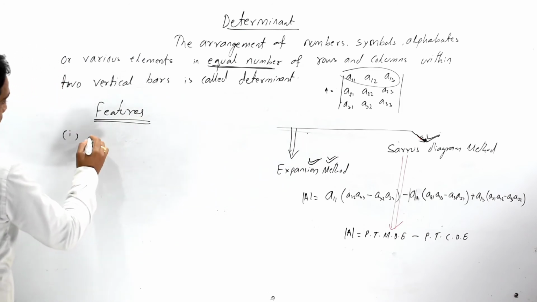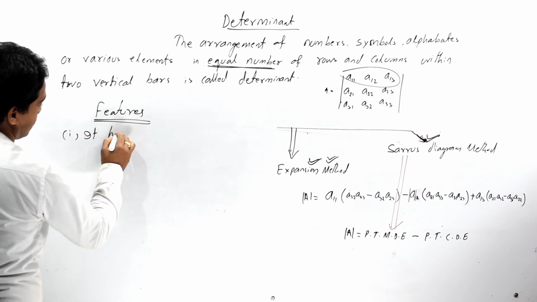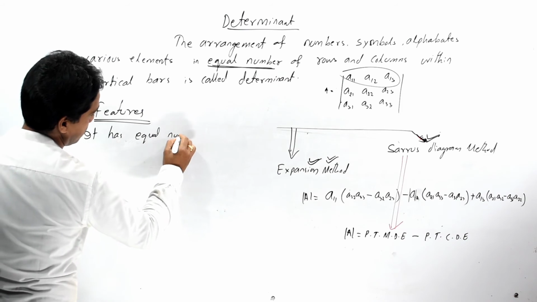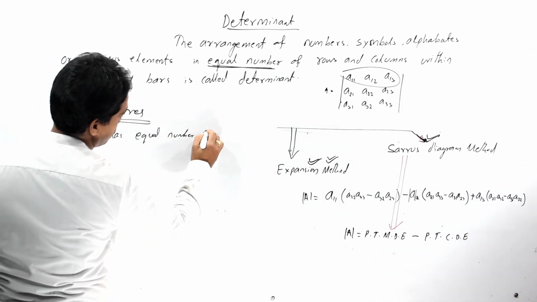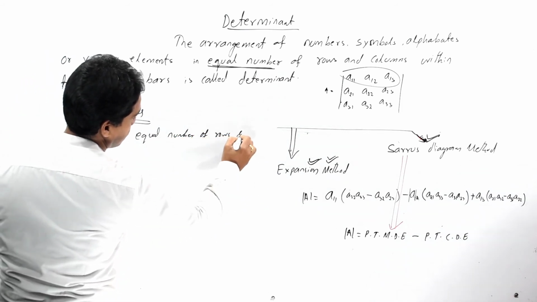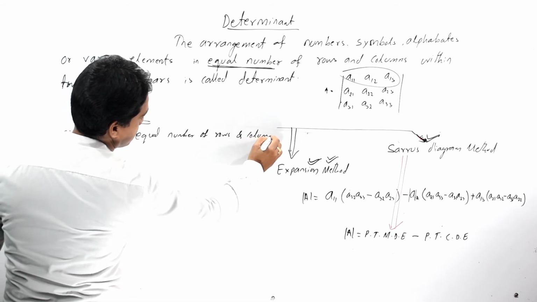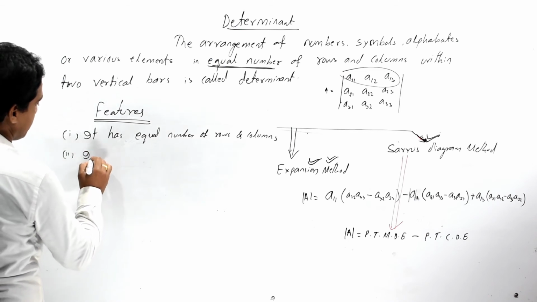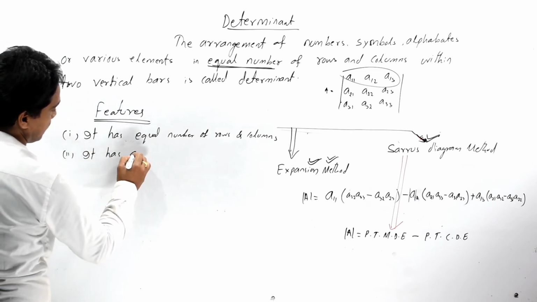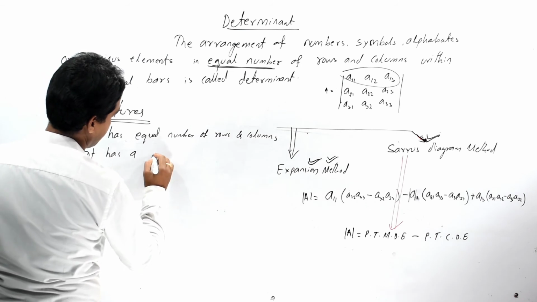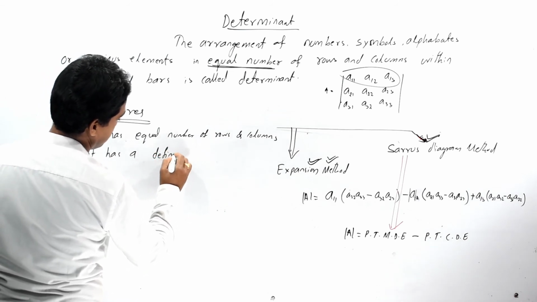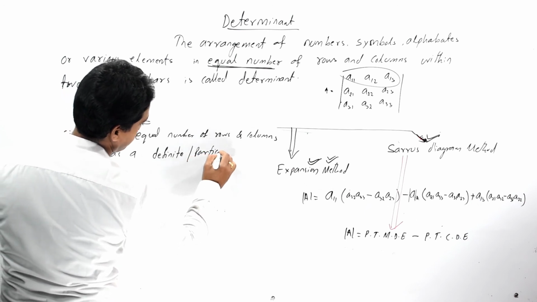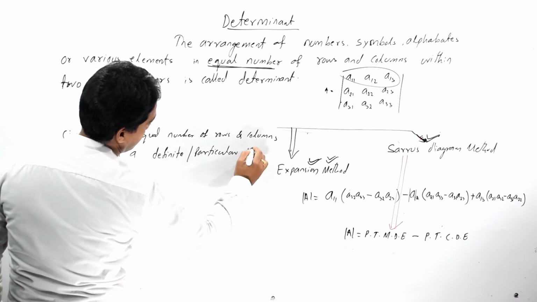The first feature is that it has an equal number of rows and columns. Our next feature is that it has a definite or particular numerical value.